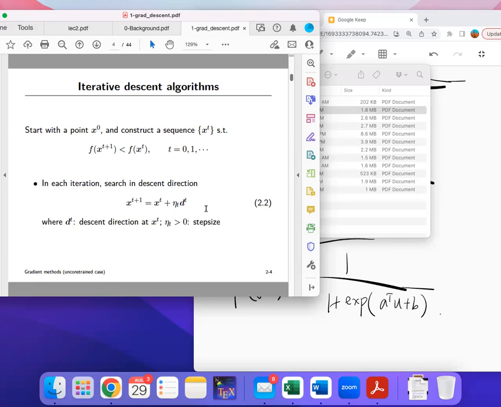And this eta_t is a scalar that we call the step size. Eta_t controls how far we want to go along this dt direction. We will need to specify this dt and eta_t in the algorithm. We need to know how to come up with a good update direction.